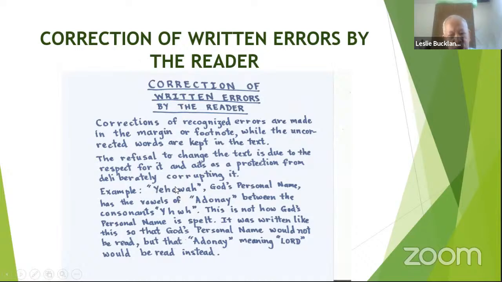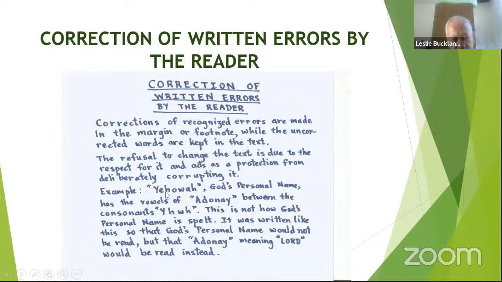So in order to prevent disaster from coming on Israel, the copyists of the Hebrew Bible decided to make readers realize that when they saw YEHOWAH in the Hebrew Bible, it was incorrectly spelled because grammatically, the word cannot be spelled like this.